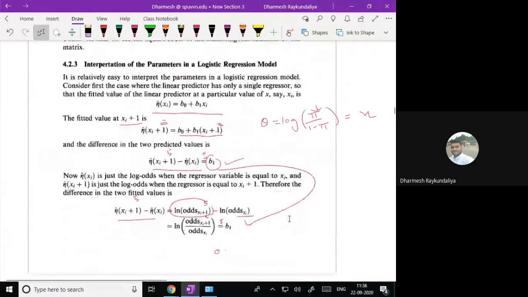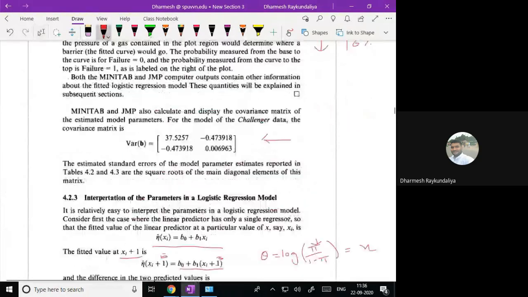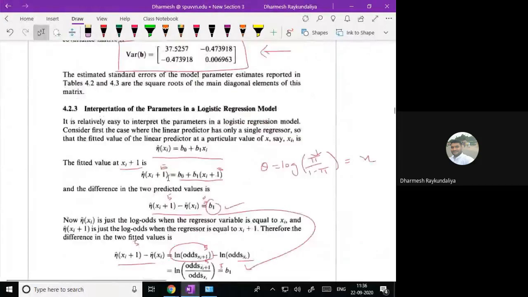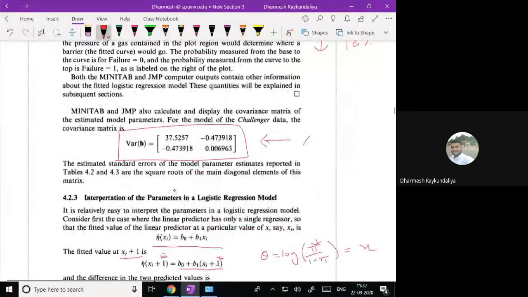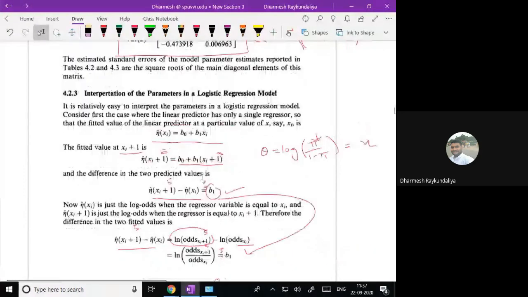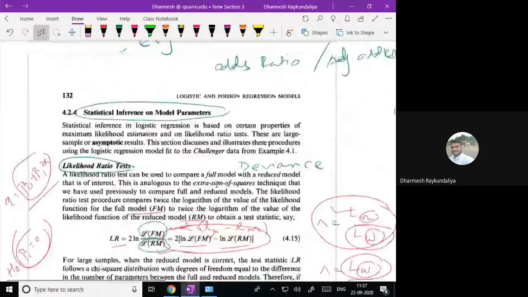We obtain this by the iterative reweighted least squares method. So if we know the form of X, we find W. So X dash W X inverse is giving the variance of b. That we already know and we can calculate.